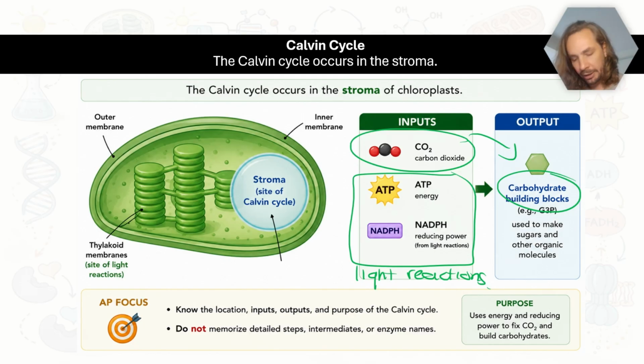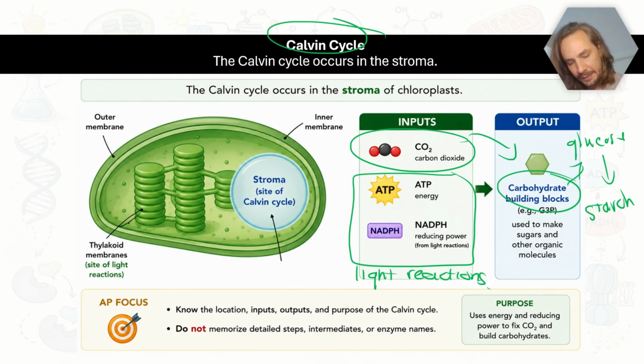And this carbohydrate building block can be changed into glucose, and it can be stored as a polymer called starch. Now, the Calvin cycle happens in the stroma, so this open space, this fluid-filled space of the chloroplast.